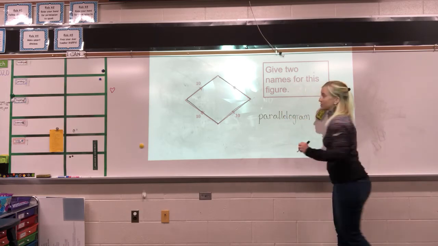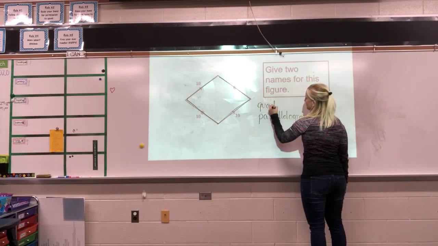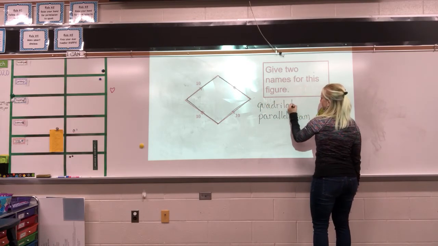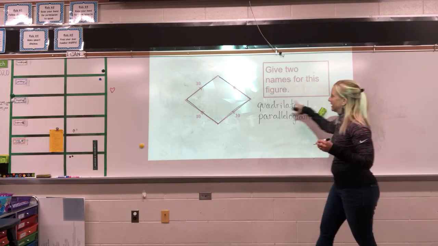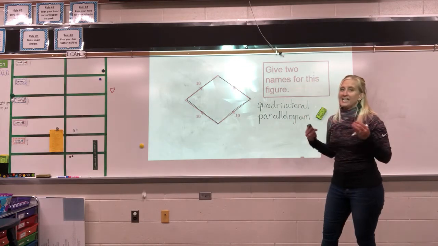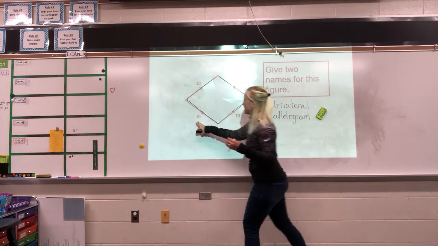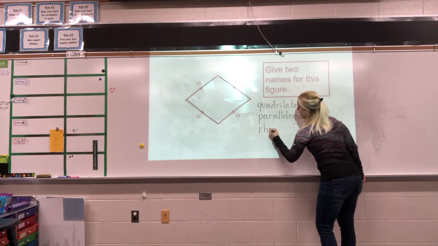You may have also said it's got 4 sides, so it's a quadrilateral. Okay, any 4-sided shape is going to be a quadrilateral. This one has 2 sets of parallel sides, so it's a parallelogram. And all 4 sides are equal, but they're not right angles, so this could also be a rhombus.